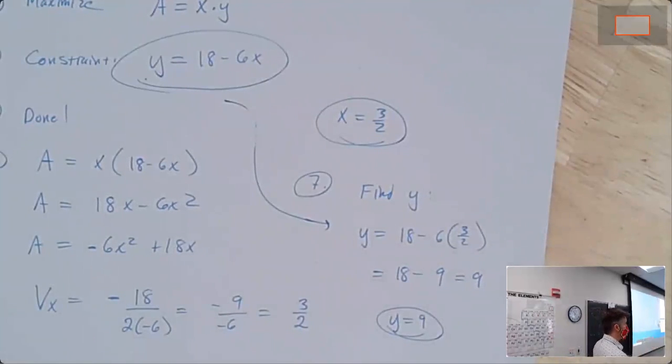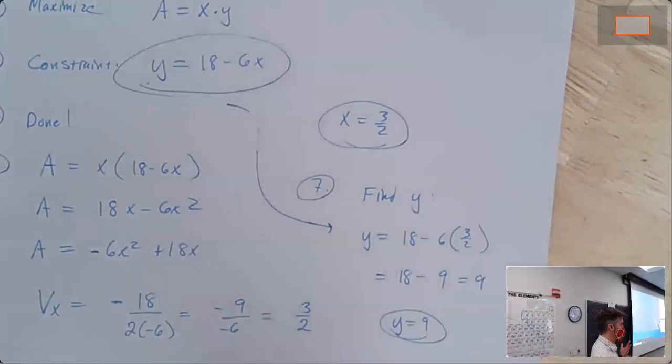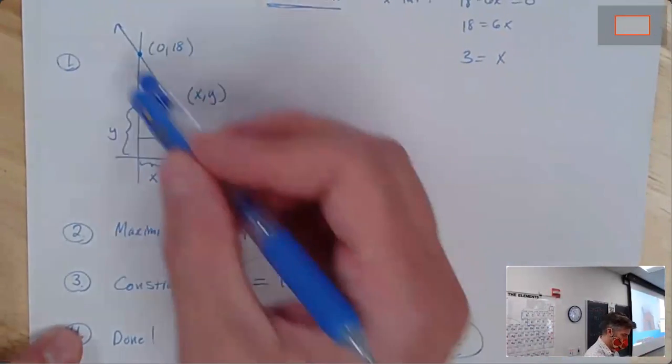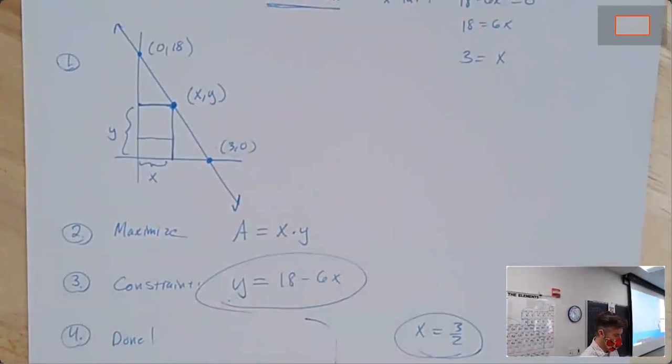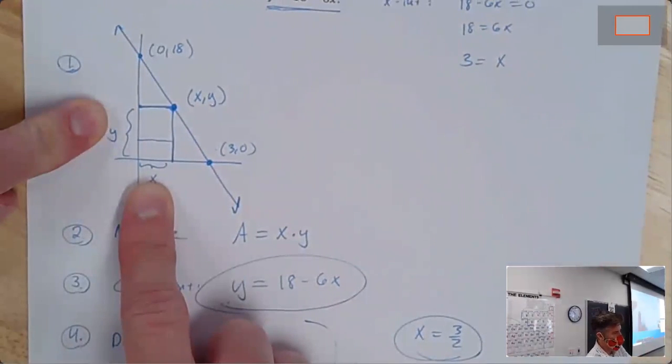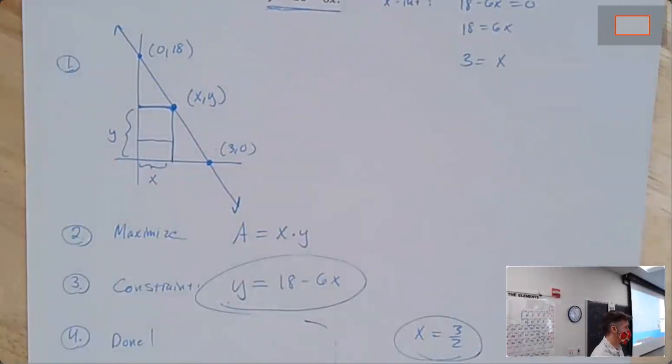I will just point out an observation: whenever you have a question like this specifically, where you have a line and a rectangle underneath it, the coordinates of the dimensions of the rectangle always end up being half the intercept values. So our intercept values were 3 and 18, and our length values were half of 3 and half of 18. Something that occurs quite often.